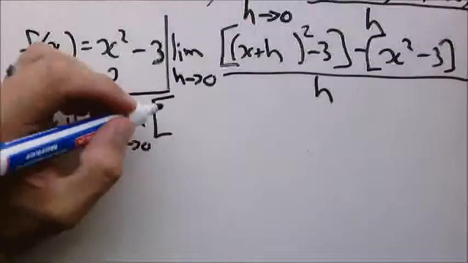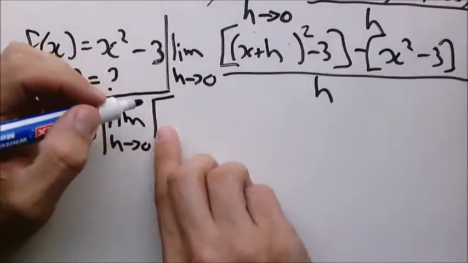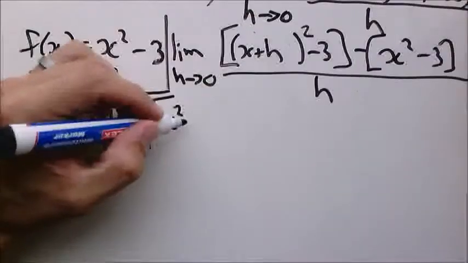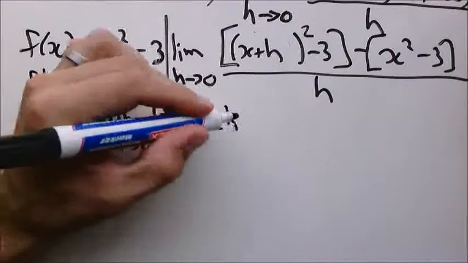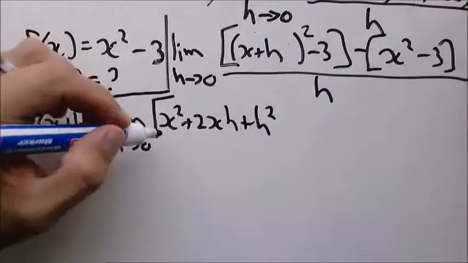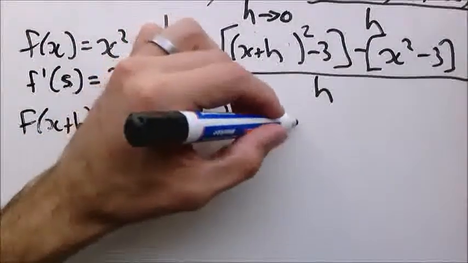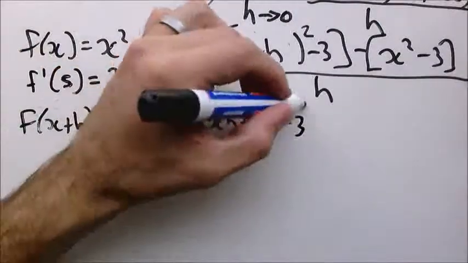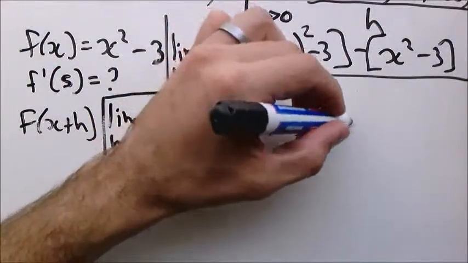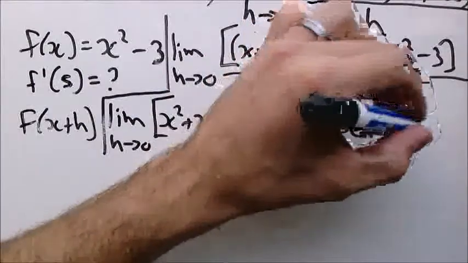(x plus h) squared becomes x squared plus 2xh plus h squared, minus 3, minus x squared plus 3.